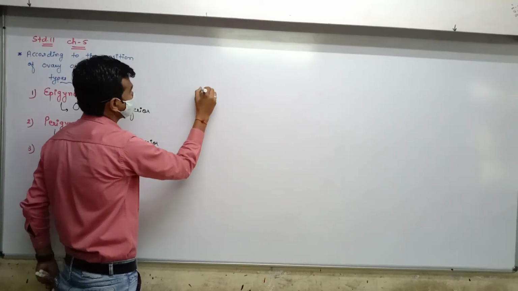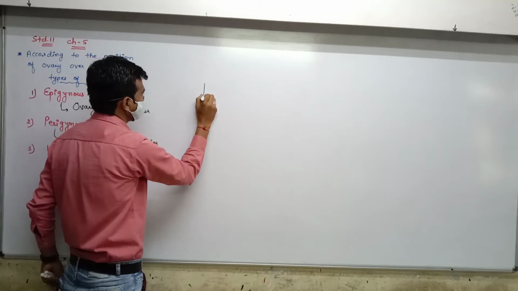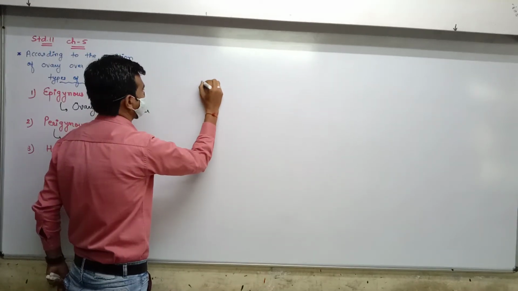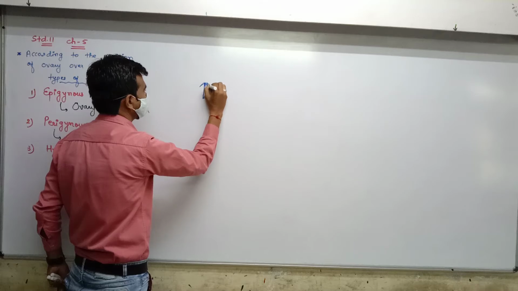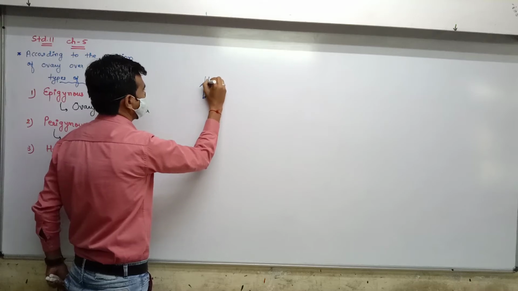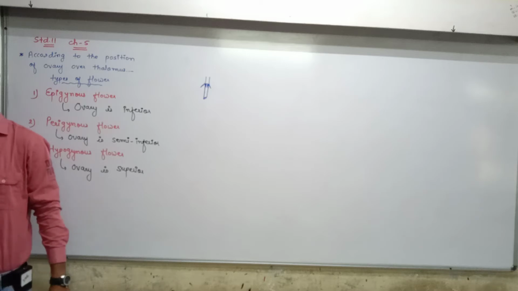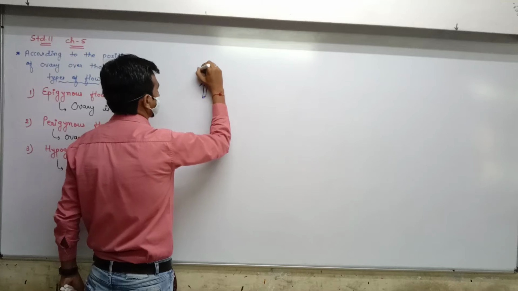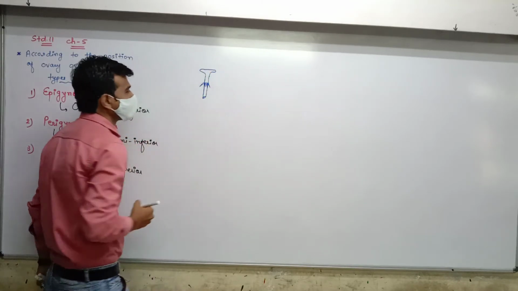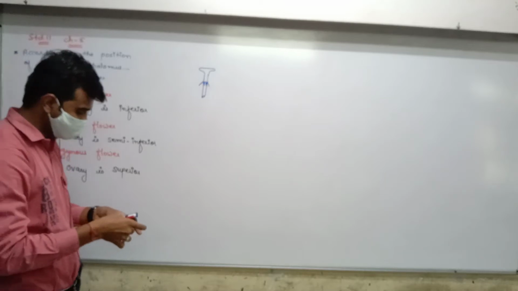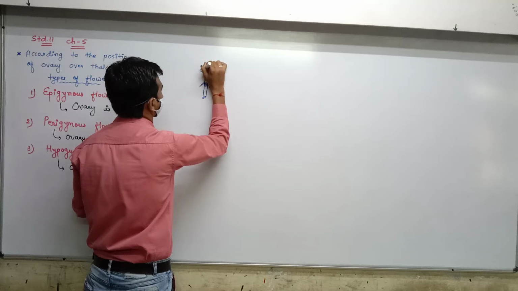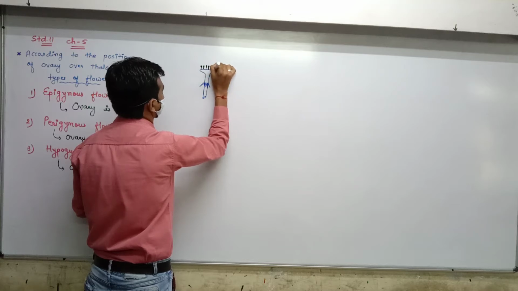So for example, you see that here this is the peduncle, then bract, then pedicel, then this is the thalamus. Just over that, it looks like this.